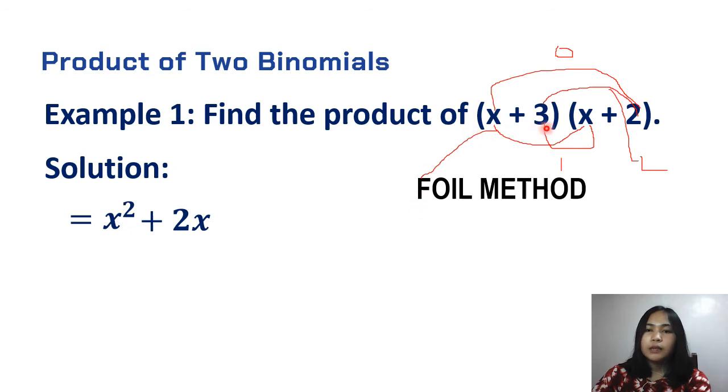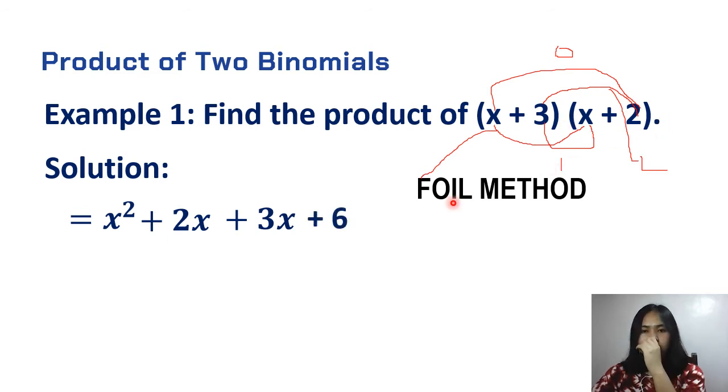We multiply x and x. We have x squared. Now, we proceed to our outer term. So, plus, since they are all plus. So, 2x. This is our outer term. Now, inner term, 3 times x. We have 3x. Next, our last term is 3 times 2. How much is 3 times 2?